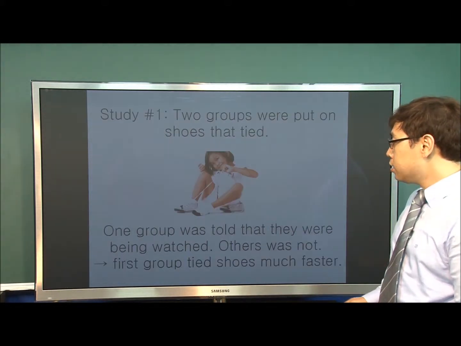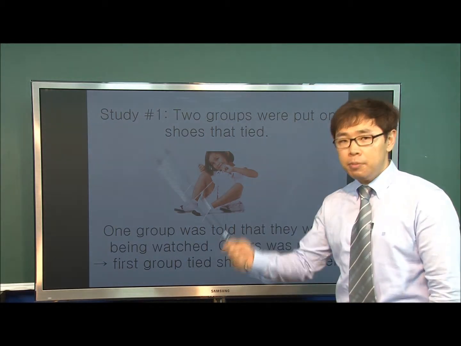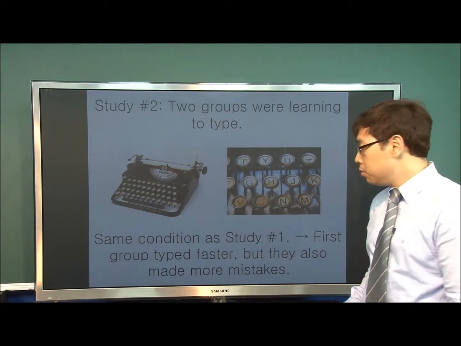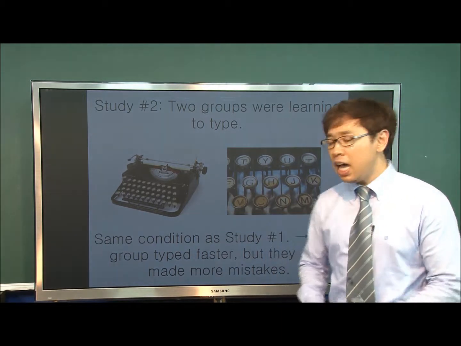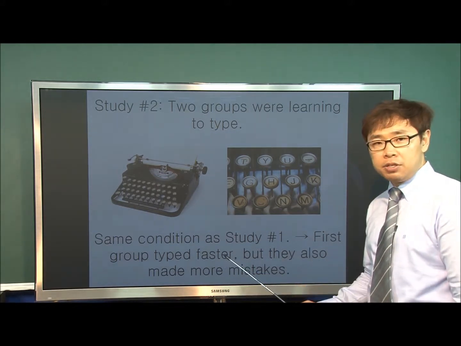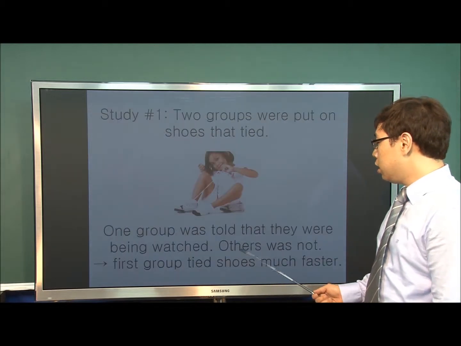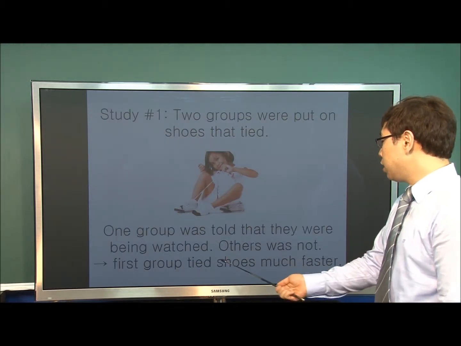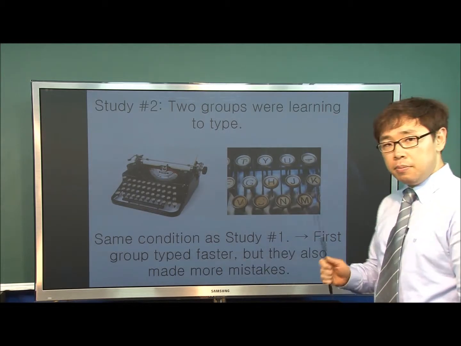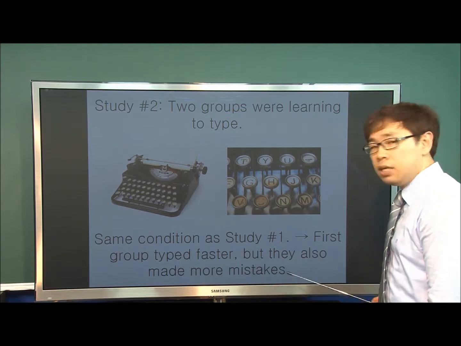One group was told that they were being watched. So same condition: one was being watched and the other was not. What they found out was that the first group typed faster, just like the first study, where the people who were being watched tied shoes much faster. But because they typed faster, they also made more mistakes.